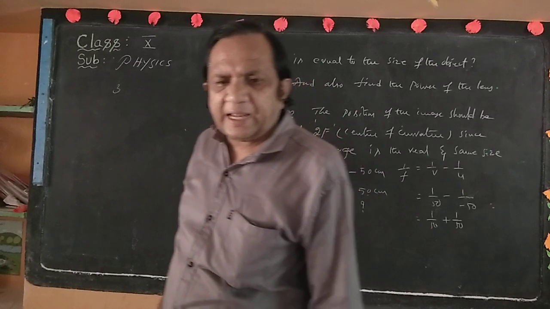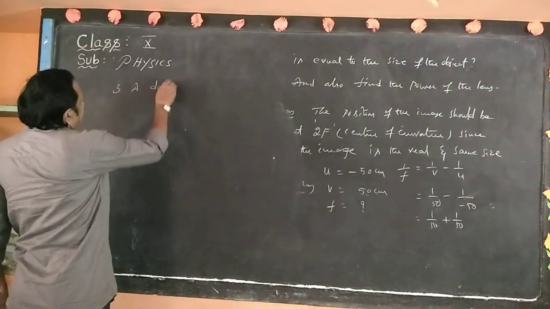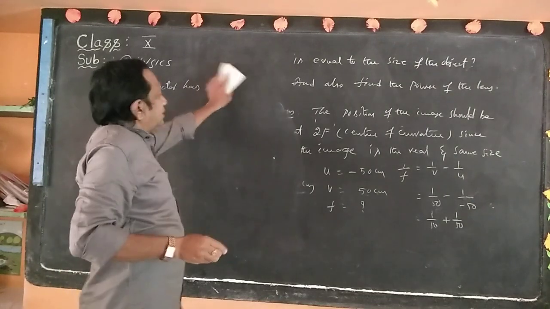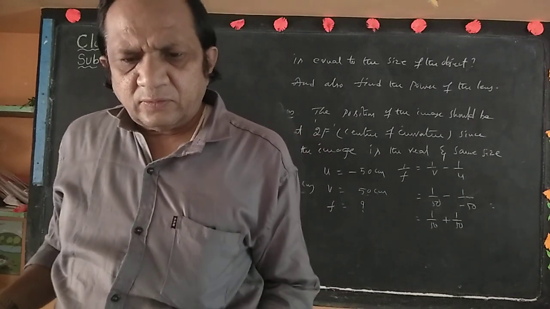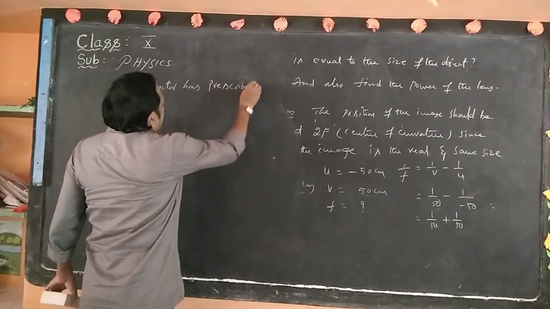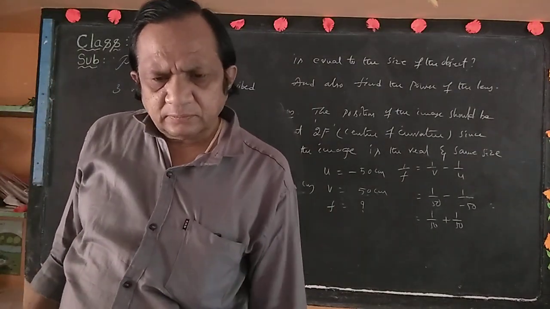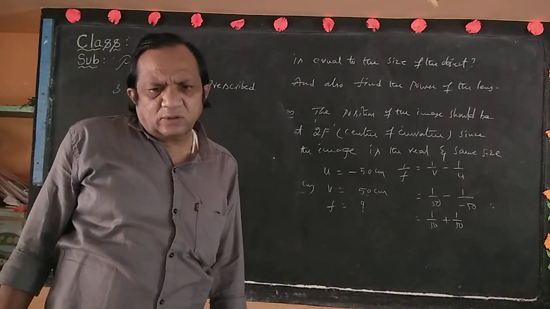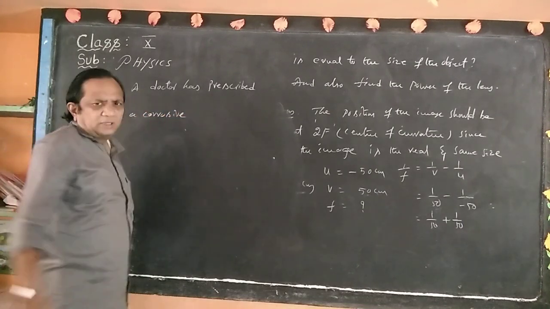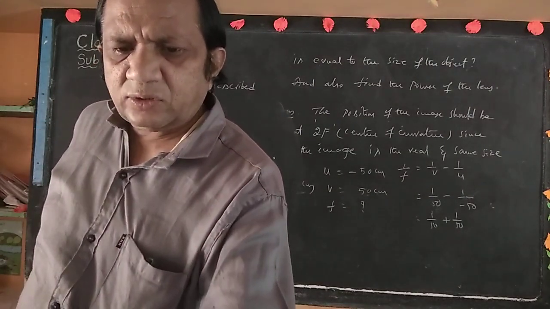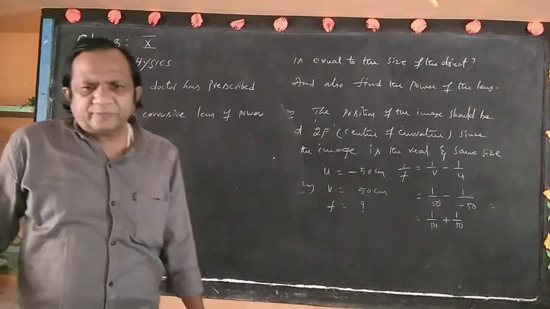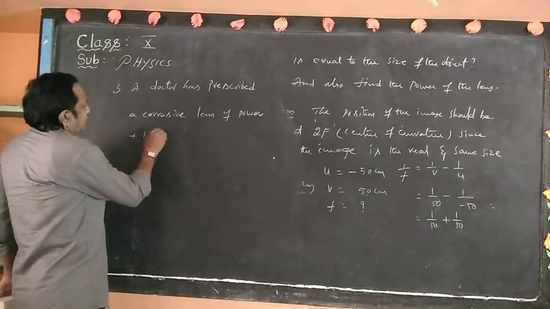A doctor has prescribed a corrective lens of power plus 1.5 D, plus 1.5 diopter.